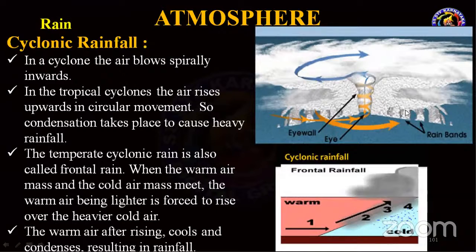Cold winds always blow in the bottom of that cyclone, and the warm air may rise up, which holds that moisture, and later on, due to the process of condensation which happens at the top, it may result in rainfall here.